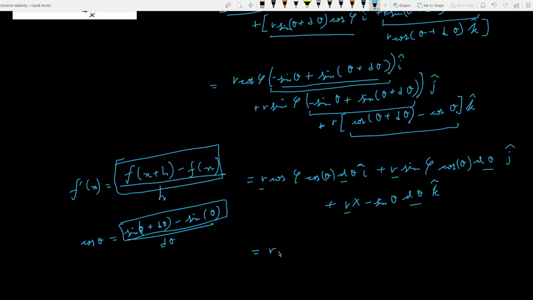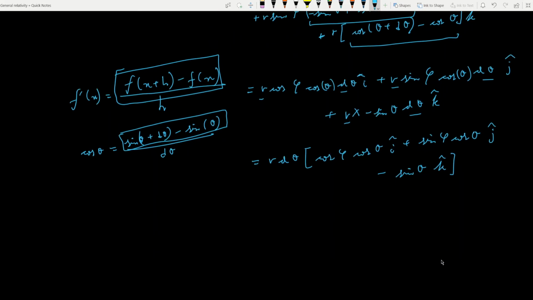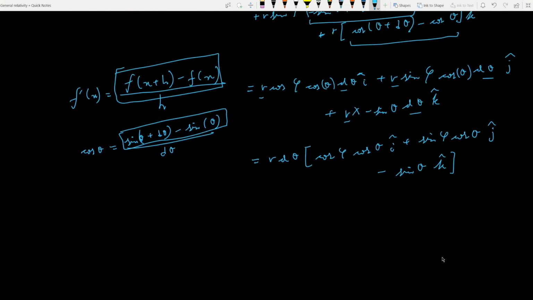So let's take r d theta common, and then we have cosine phi cosine of theta in the I hat direction plus sine phi cosine theta in the j hat direction, and then we have minus sine of theta in the k hat direction. Now this is just our PP primed.